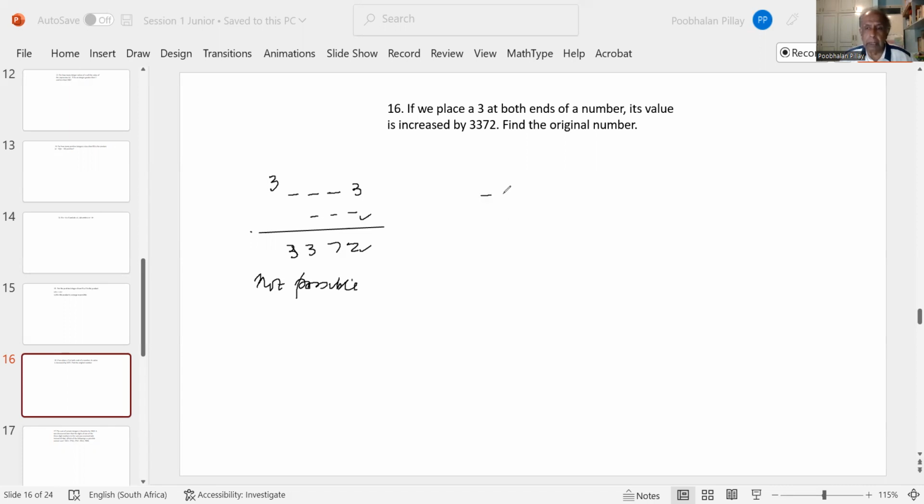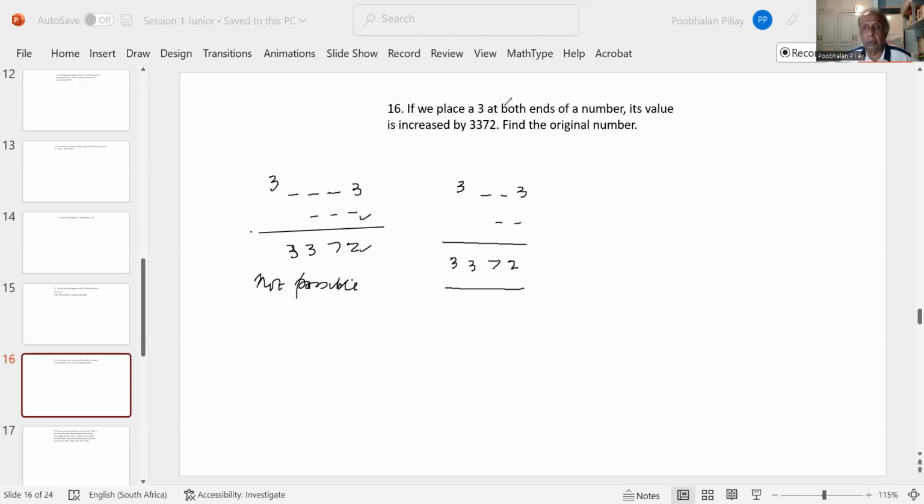So your original number is a 2-digit number. I put 3's in front of it and behind it, and I have the same 2-digit number in both places. And when you subtract it, you're going to get 3, 3, 7, 2. Right. 3 minus what is 2?